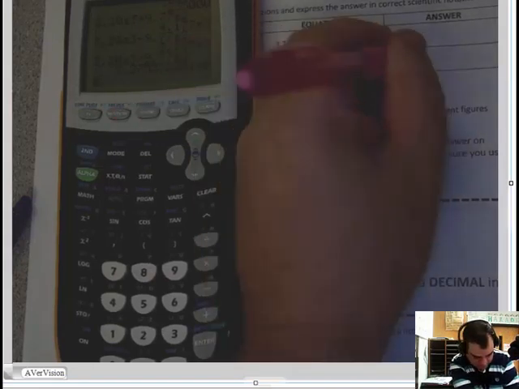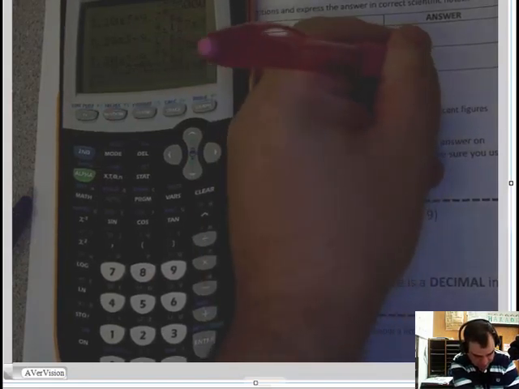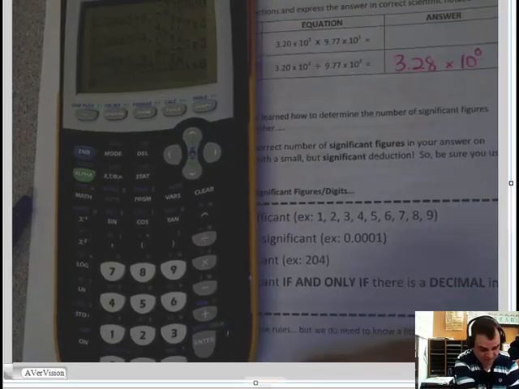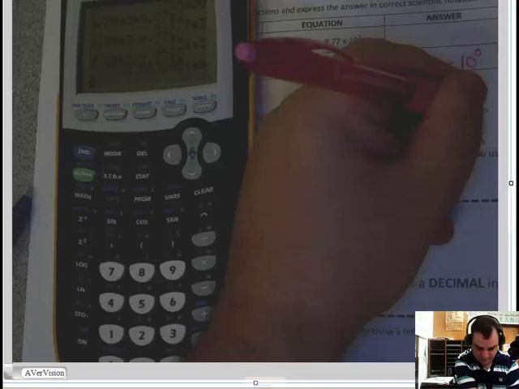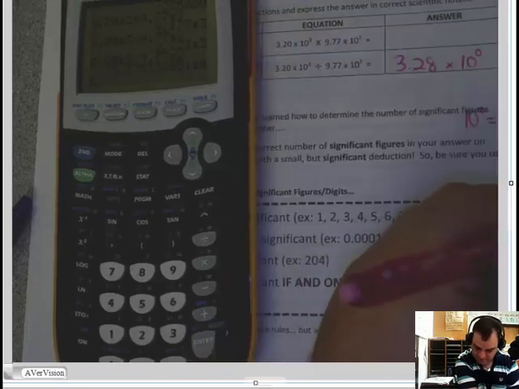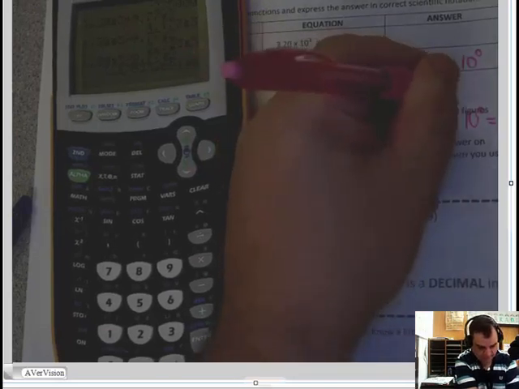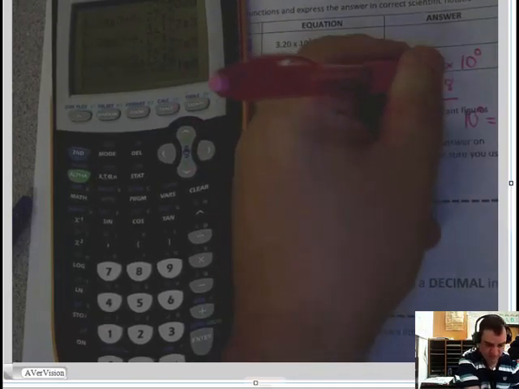Awesome. 3.28 times 10 to the 0. Remember, 10 to the 0 is 1. So it is 3.28 is the answer.